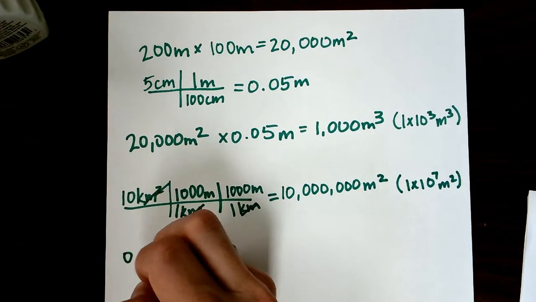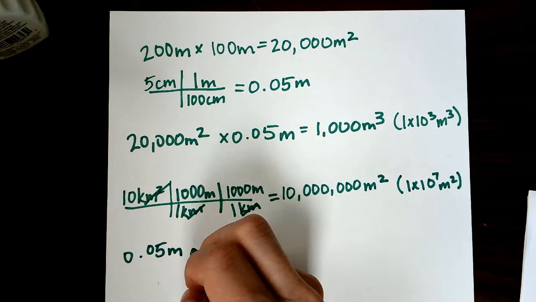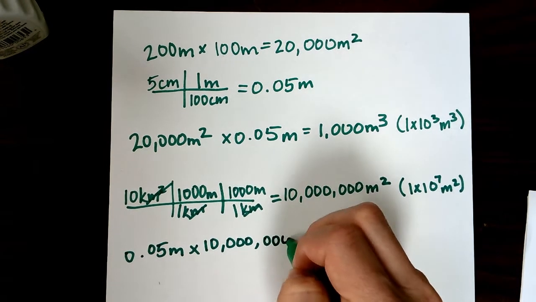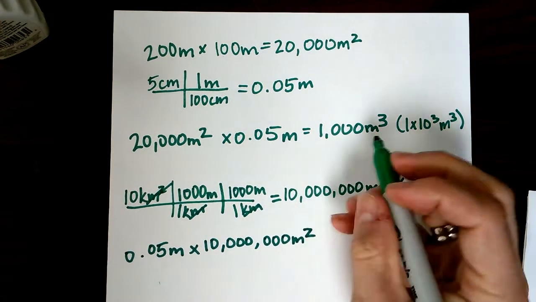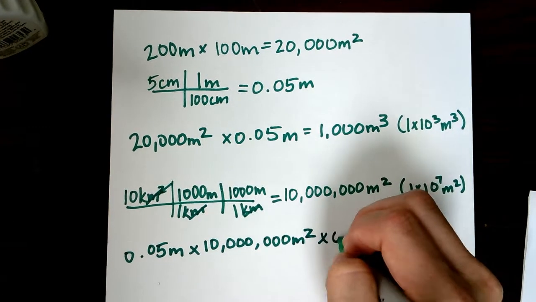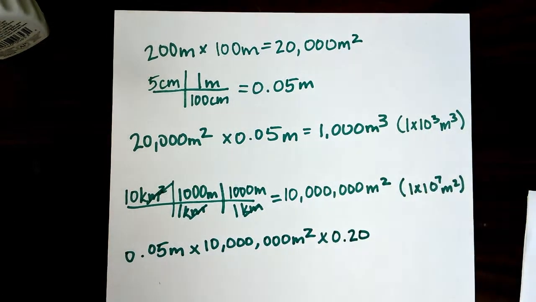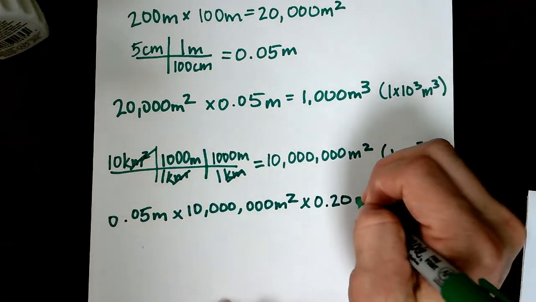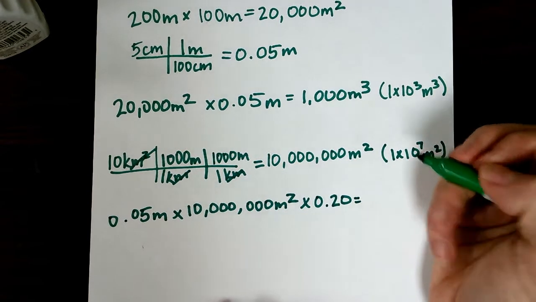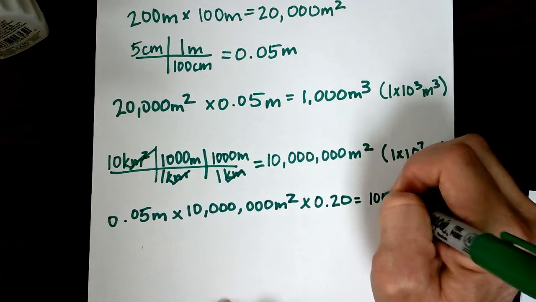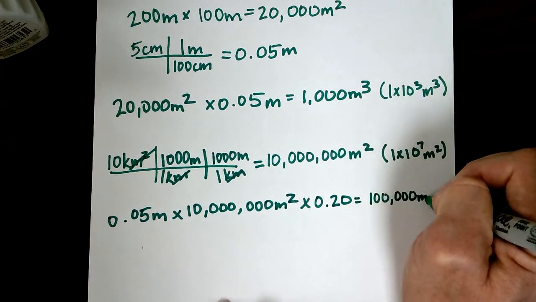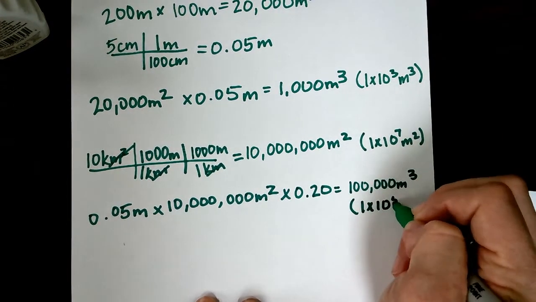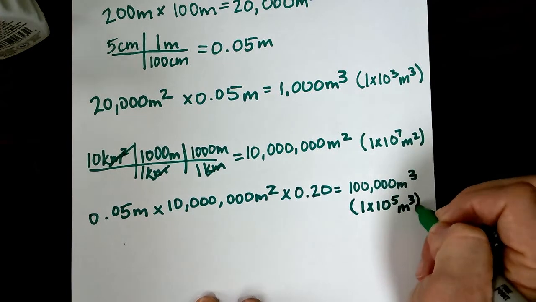So 0.05 meters times 10 million meters squared gives me my volume, but only 20% of the surfaces in Fremont are paved. So when I multiply all of that together, I get 100,000 cubic meters, or 1 times 10 to the 5th cubic meters.